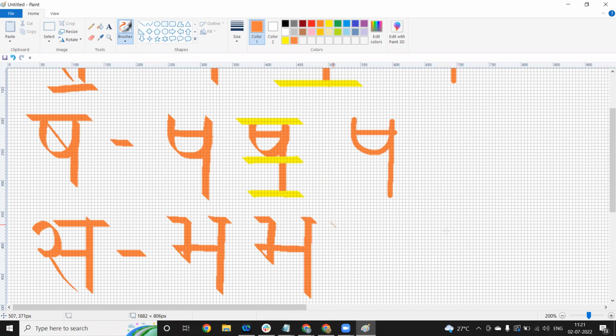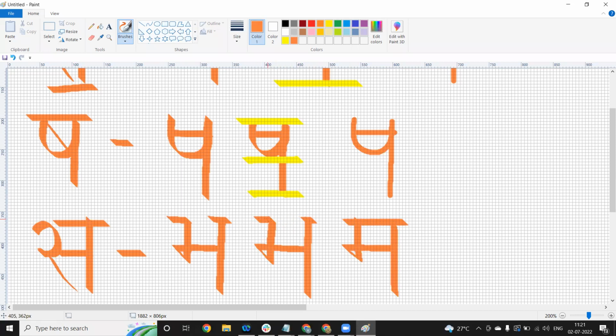And now if you see here on the top, Shir, we did Shir and it was almost similar to this, right? Almost similar. The only difference you will see is this Shirorekha. It is completely covered in Shir, and in Sir there is no Shirorekha on the top.